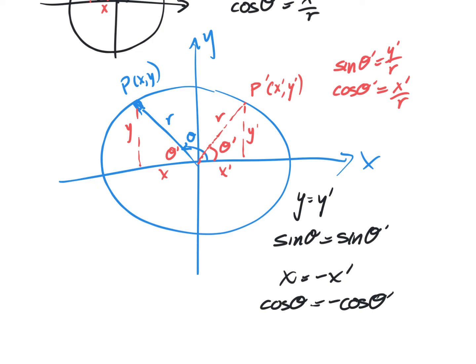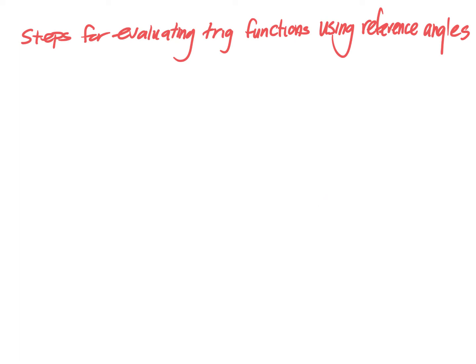And so since the only difference is the signs, then we can determine the sign by looking at what we did in the previous video: which functions are positive or negative in each quadrant. Now, the values of a trig function for a given angle are the same as the values of the same trig function for the reference angle, except possibly a difference in the sign. One might be positive and the other is negative.